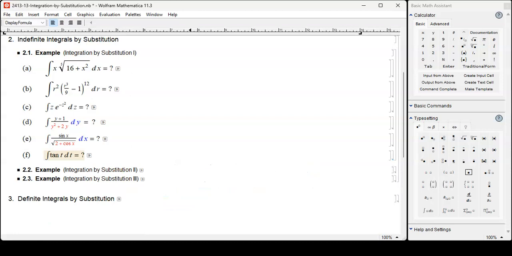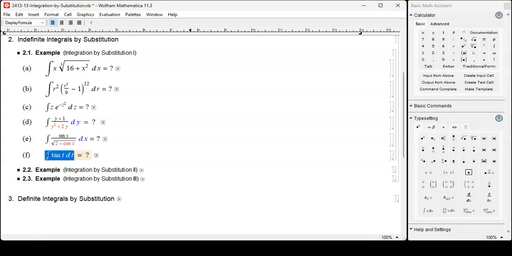How about the last problem? We have integration by substitution problem, but this does not look like substitution at all. It doesn't look like it's a composite function. How do you work it out? Well, one way to do that is to look up the integral table and find out the antiderivative formula for tangent function, because it's such a simple function that you can readily find out.